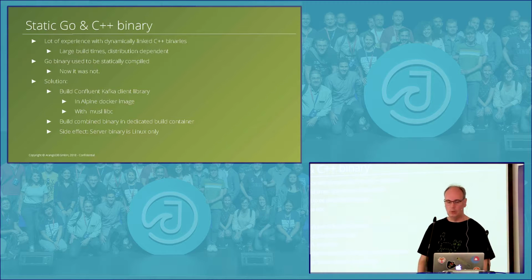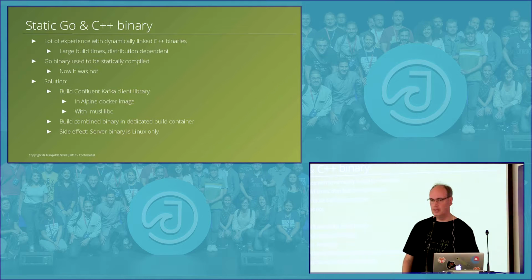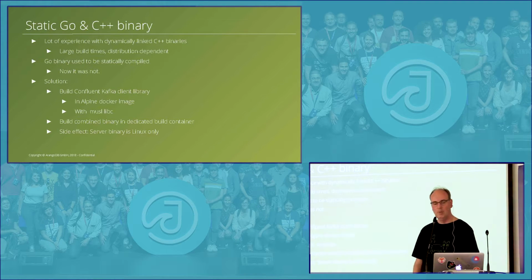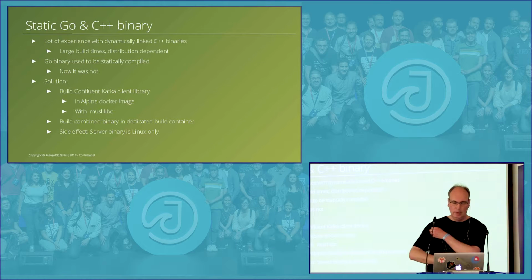And what we did was we made our own build of the Confluent Kafka C++ library using an Alpine Docker image and using the very small libc library that comes with that.